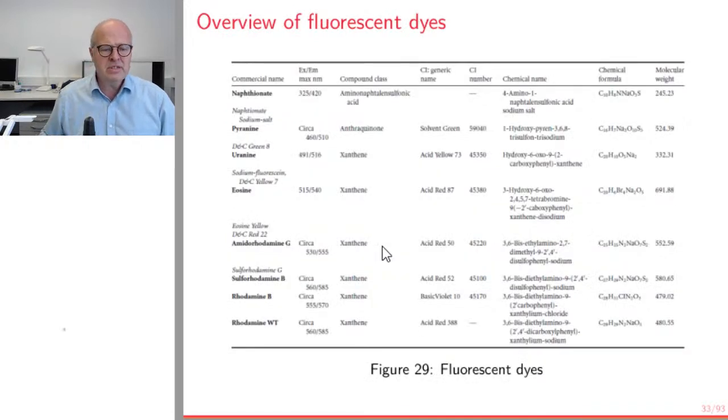Now, the fluorescent dyes that we can use, they have properties, and these properties are important for their use. And this table gives you an overview of the most important properties of fluorescent dyes per tracer. Now, the most prominent property is the excitation and emission wavelength. What is this?